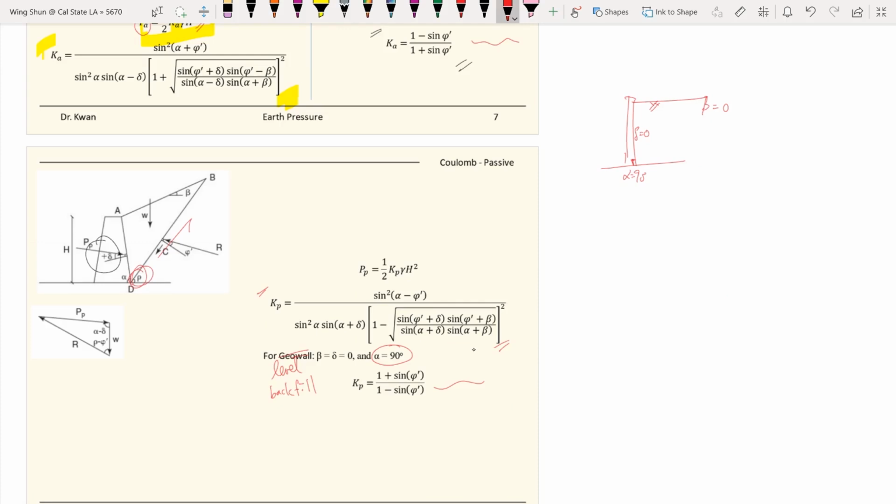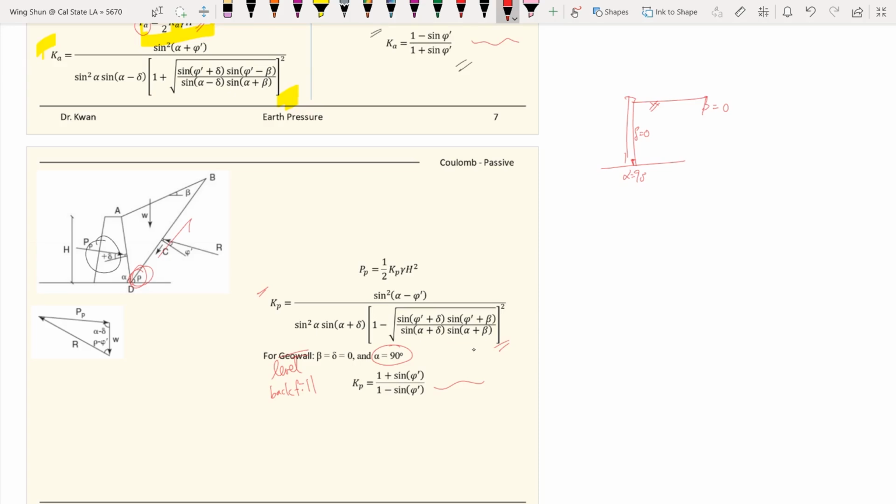You find the minimum resultant force provided by the retaining wall. It's the same problem, the same site, but you have two different engineers or scientists back in the day.